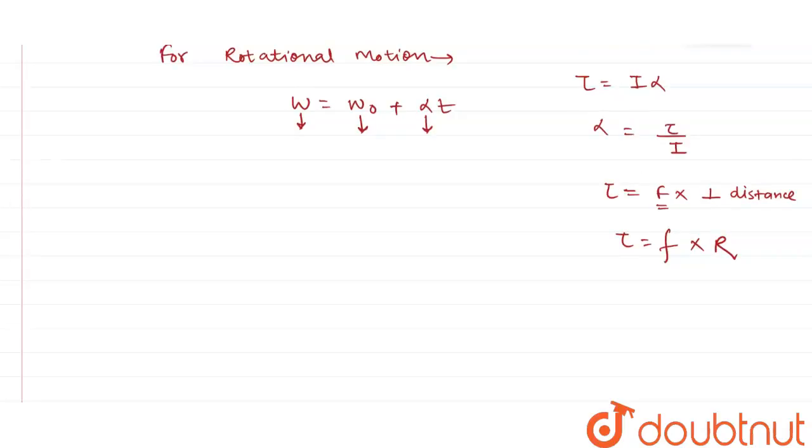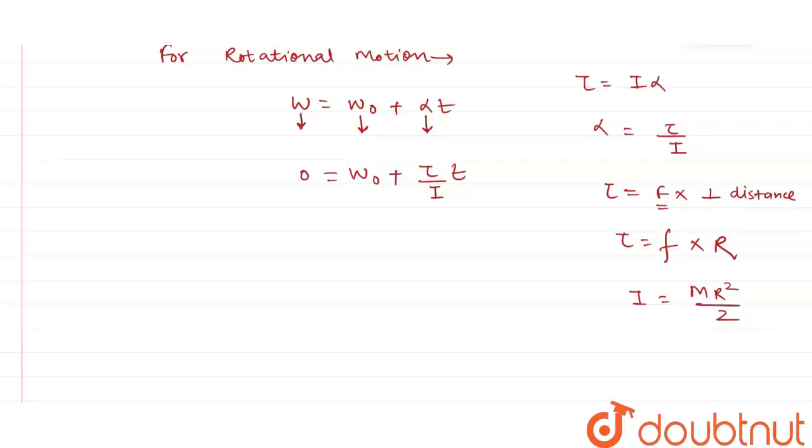So I can write omega is 0, which equals omega naught plus alpha t, where alpha is tau upon I, I being the moment of inertia, and the moment of inertia of the sphere is given by m r square by 2.